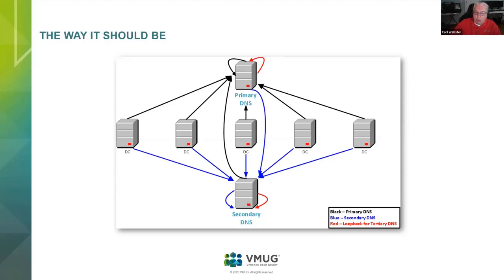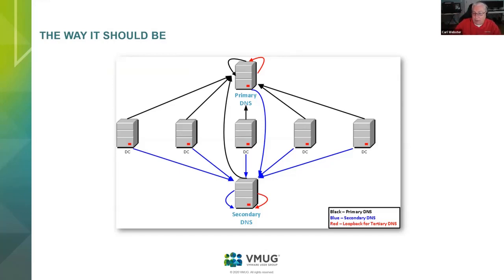And then the other domain controllers will point to a second domain controller for secondary DNS, and then they all use themselves. A lot of people will point to the PDC emulator for primary, and then each domain controller for secondary, and then loopback for tertiary DNS.